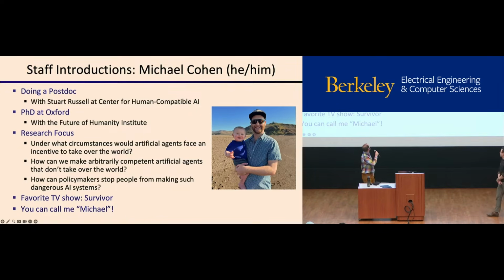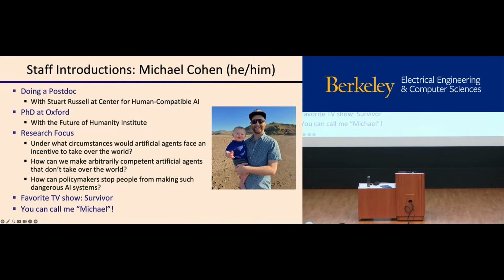I am also a postdoc at the Center for Human Compatible AI, doing research with Stuart Russell. Before that, I did my PhD at Oxford, and I was associated with the Future of Humanity Institute. My research focus is also on AI safety. The main questions I'm looking into are: under what circumstances would artificial agents face an incentive to take over the world?